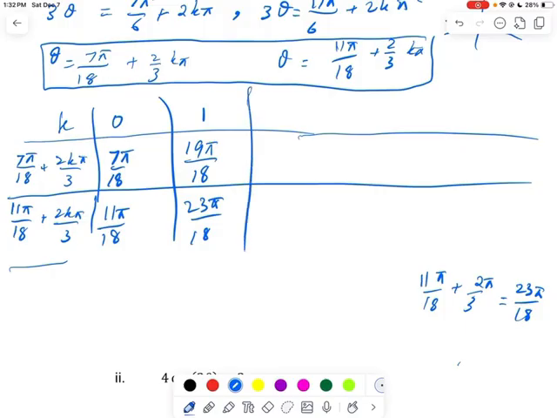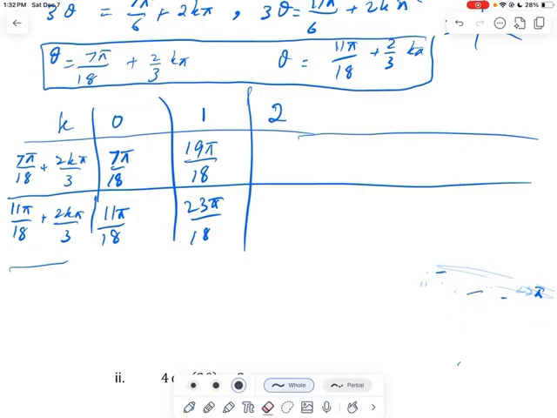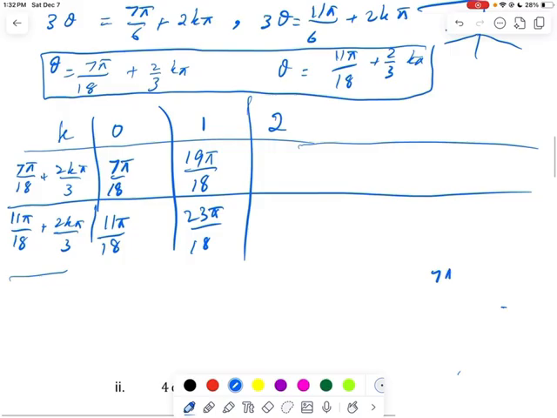Okay. What about when we take k is 2? So the first one will become 7 pi over 18 plus 4 over 3 pi, because it was 2 over 3 k pi, k is 2, so it becomes 4 over 3 pi.